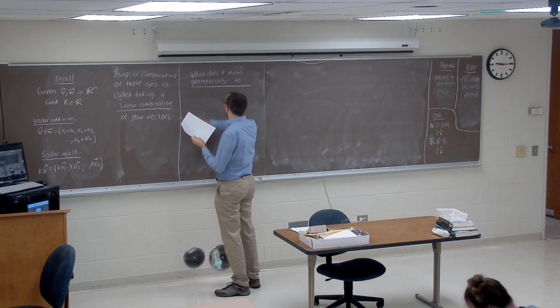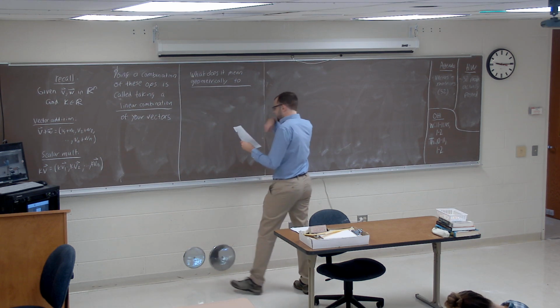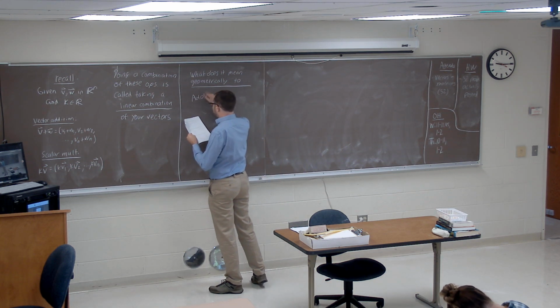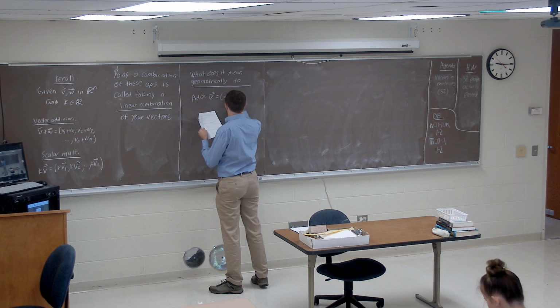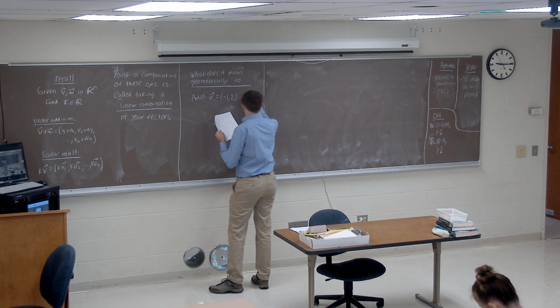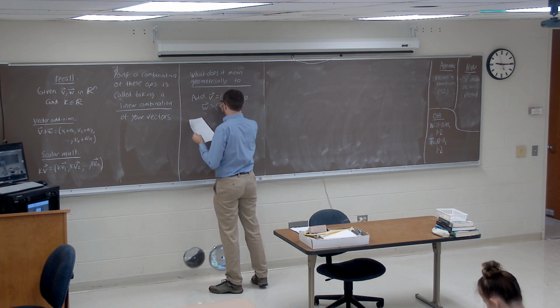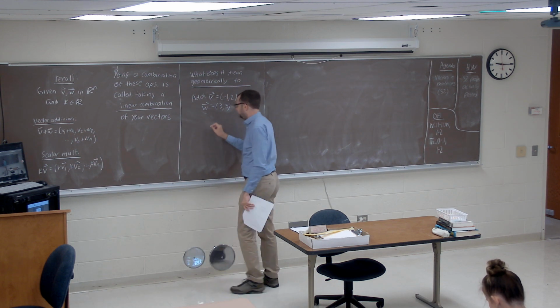So let's say, what does it mean geometrically to add vectors v equals -1, 2 to w equals 3, 3 in R2?